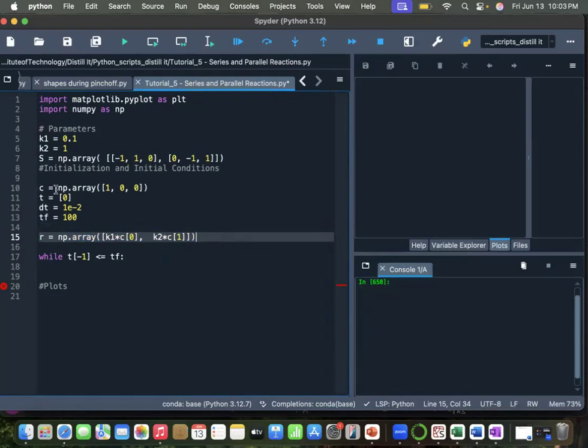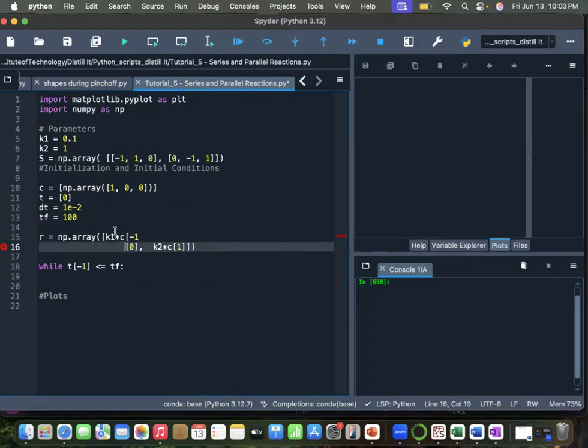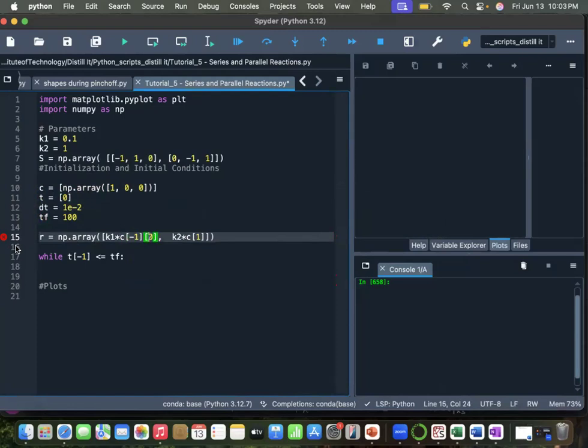So that's going to be the case. And we'll just make C as the array over here. So here we are just going to evaluate this at the last concentration. This is the same logic that we used for all the other ordinary differential equations, right? So that's how we evaluate the rate array.